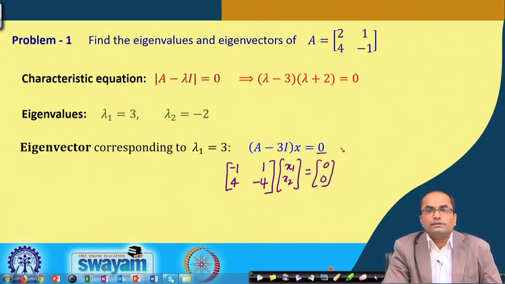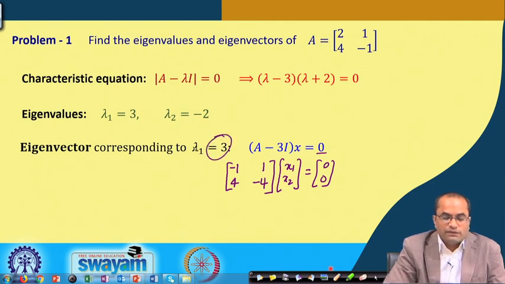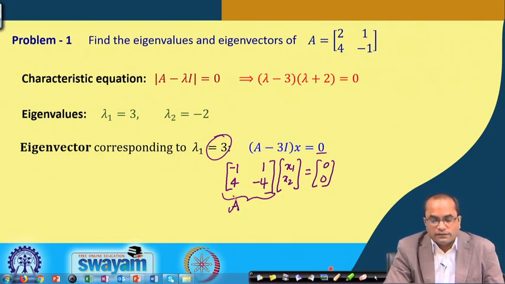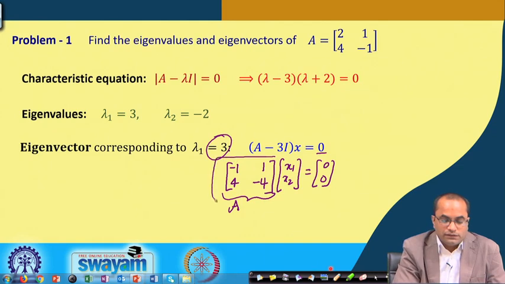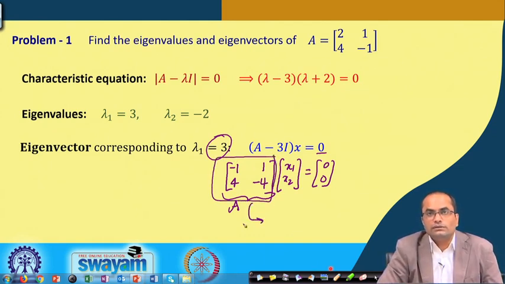So, we have this system of equations which we need to solve to get the eigenvector corresponding to lambda 1 is equal to 3, and this is simple because this matrix, which I am again calling A, we can easily get to the reduced echelon form.